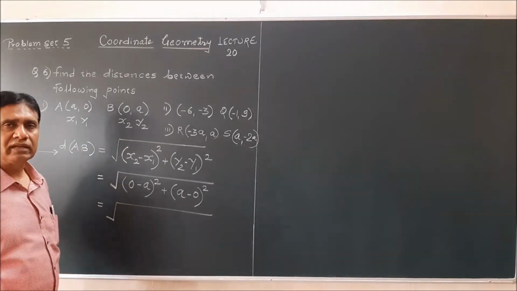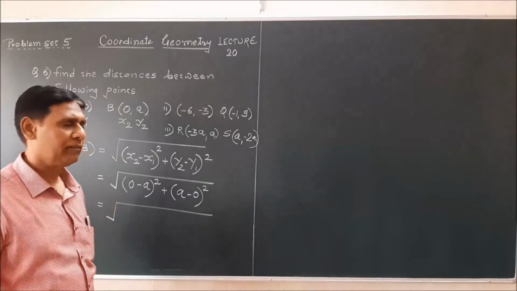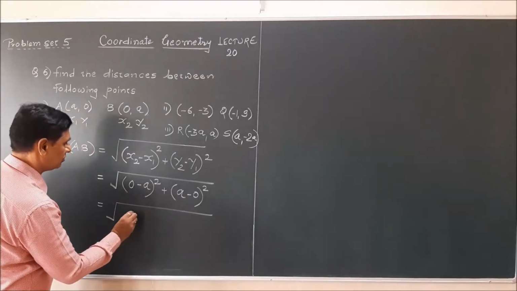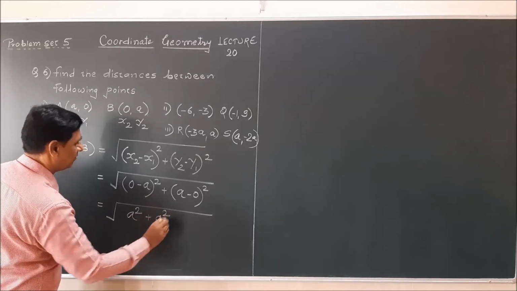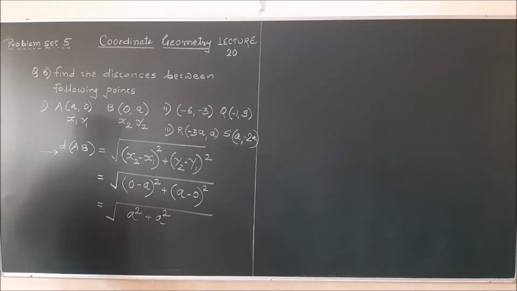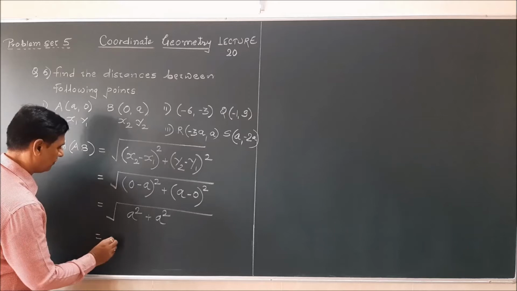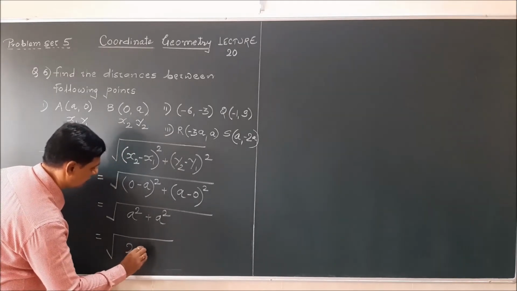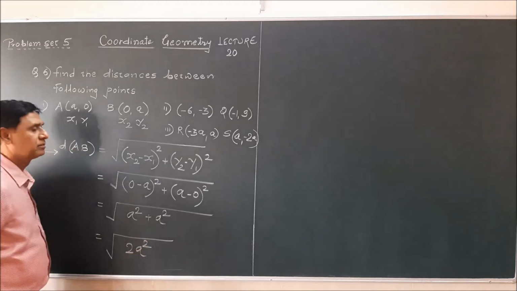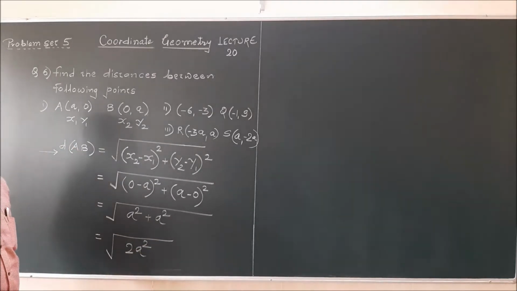Next you will be getting it as plus a square. From the next group you will also get a square. So a square plus a square is 2a square.